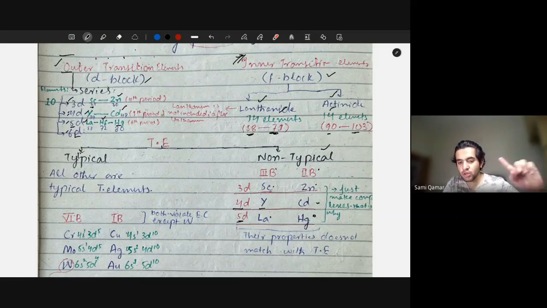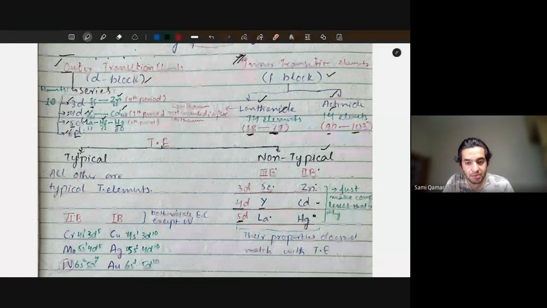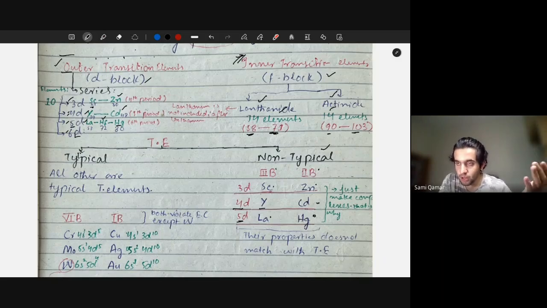I hope you guys know about complexes. The basic, good property of transition elements is they make complexes. Complexes are not part of your syllabus for now, so we will not be talking about them, although I have all the nomenclature, how they make complexes, and how to name the complexes.